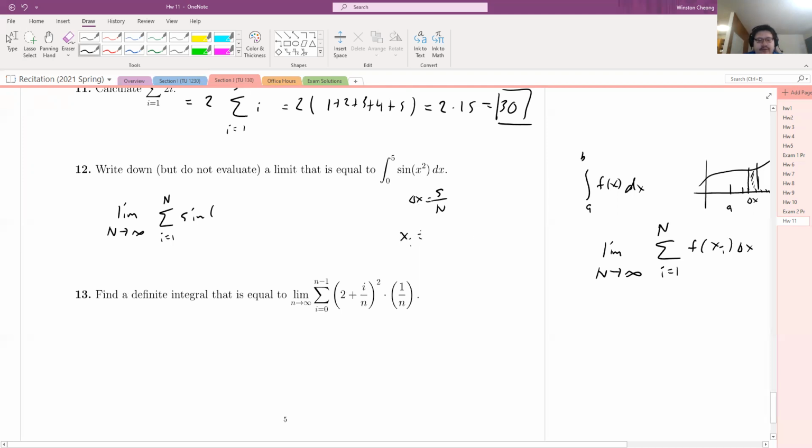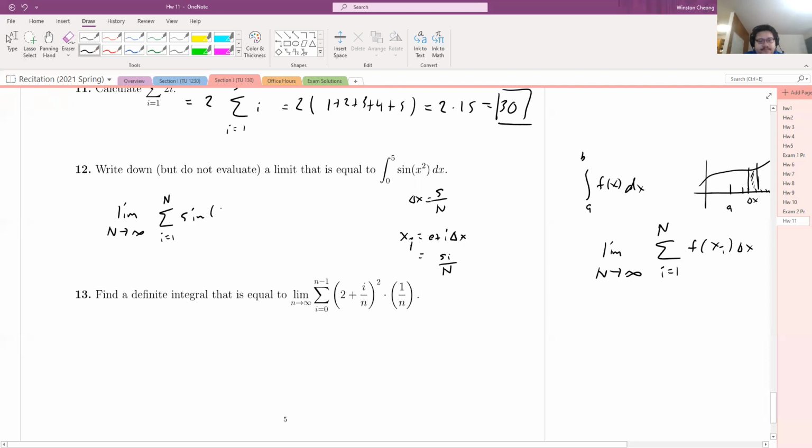And the xi, well, we start off at 0. Well, I'll just write it symbolically first, and then I'll plug it in. So it would be 0 plus i delta x. But that simplifies. So this simplifies to 5i over n. Okay. Well, let me just make that look like an i.